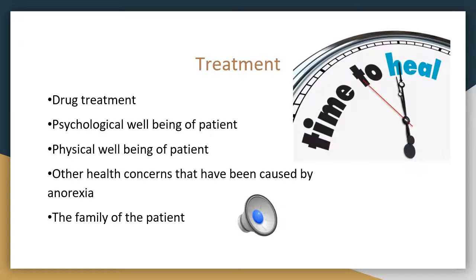Treating the family is important when you're treating a patient with anorexia, because the family needs to be educated about anorexia and they need to be functioning as a healthy family.